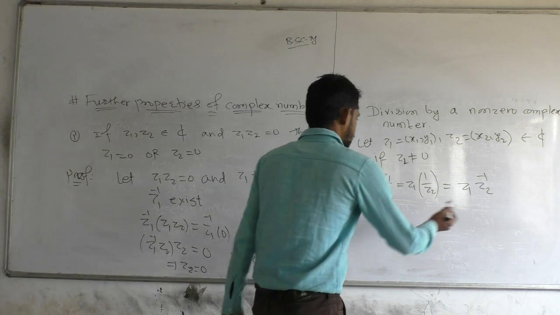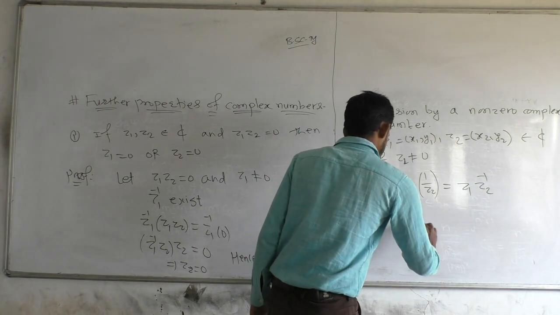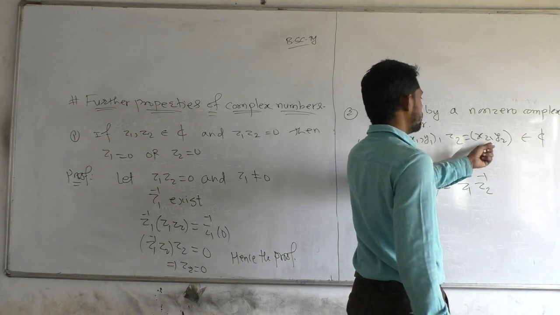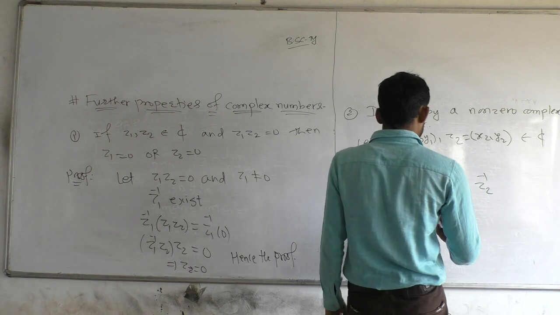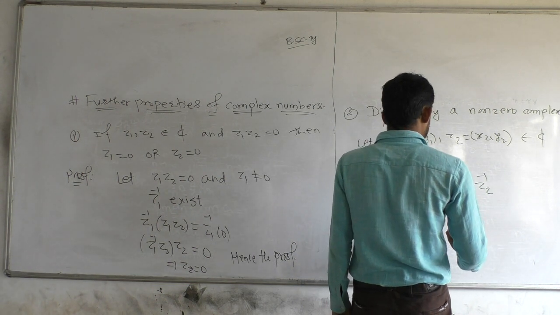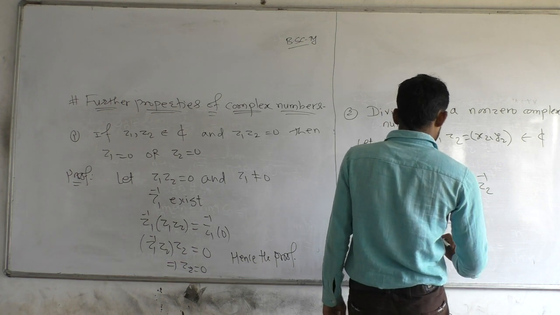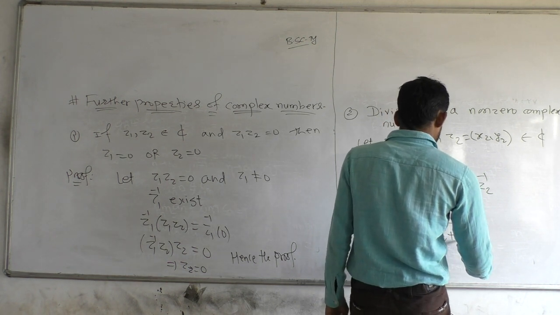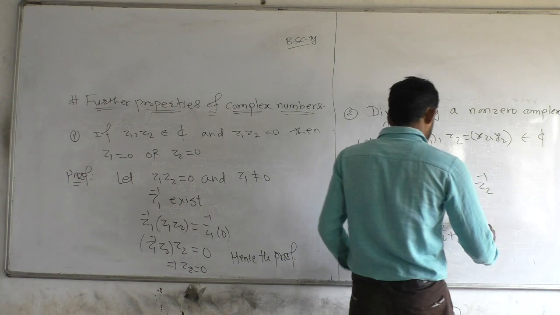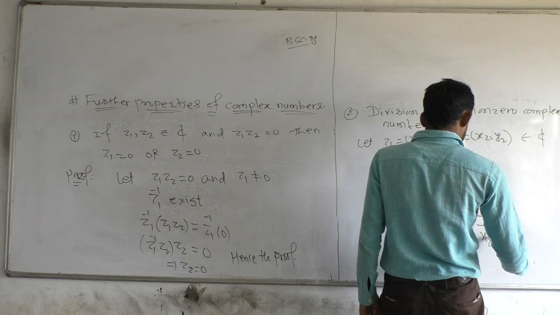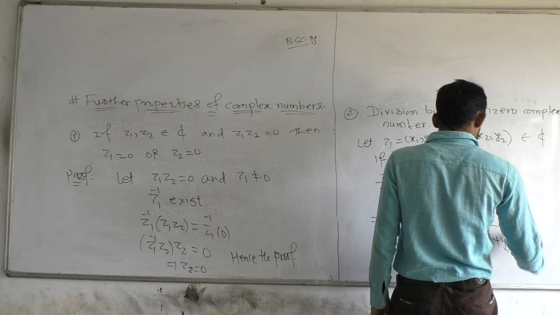If Z1 is equal to x1, y1, and Z2 inverse is what? The inverse of this is x2 divided by x2 square plus y2 square, comma, minus y2 divided by x2 square plus y2 square.